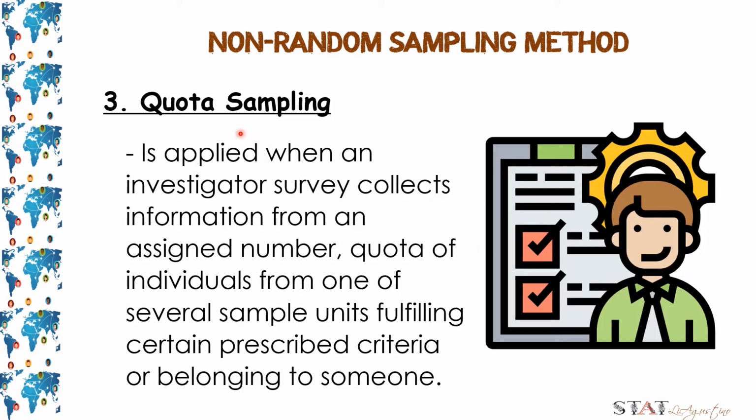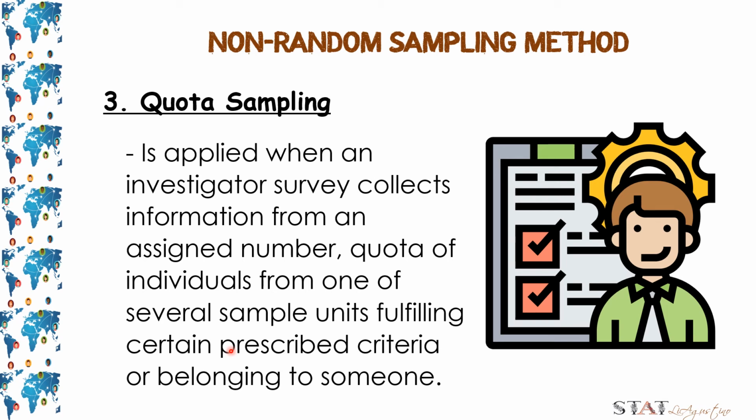And then how about the quota sampling? It's applied when an investigator collects information from an assigned number, a quota, of individuals from one of several sample units fulfilling certain prescribed criteria or belonging to some group. So that is the quota.